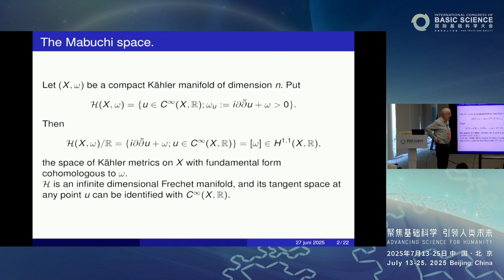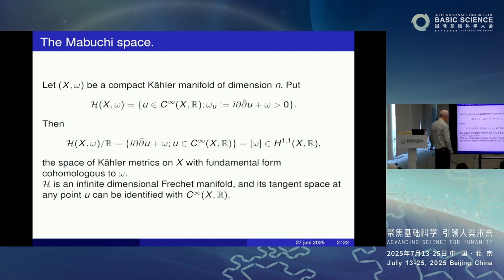So you get a new Kähler metric, which will be denoted ω_u. Given ω_u, u is uniquely determined up to a constant. So if you mod out the constants, you just get the space of all such Kähler forms, the class of all Kähler metrics in the same cohomology class as ω.